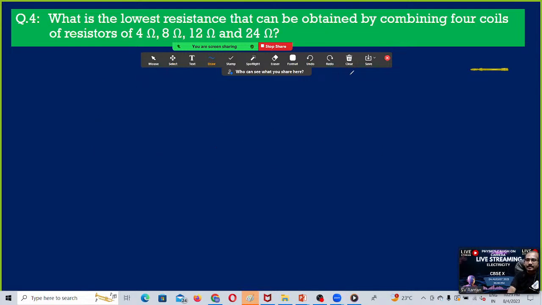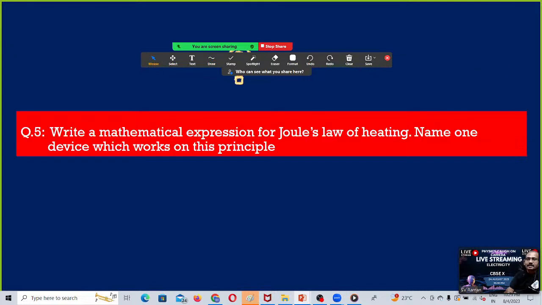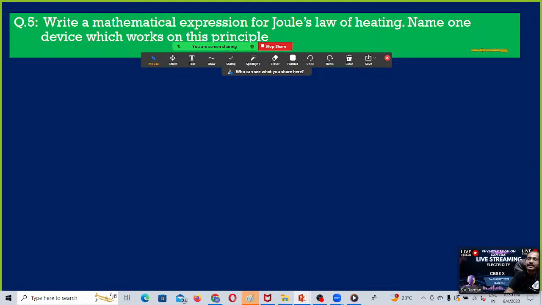Next question. Write the mathematical expression for Joule's law of heating. Name one device which works on this principle. This is again a question by the CBSE. So we have studied that: H is equal to I square RT.